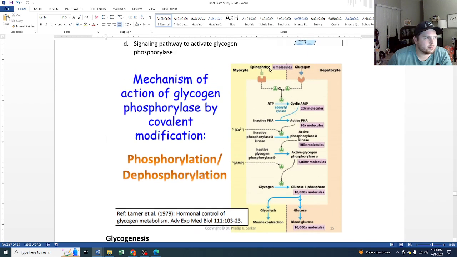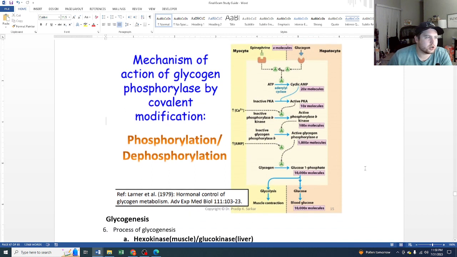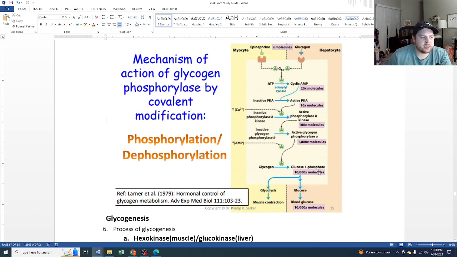But this goes through the chain reaction that occurs to activate it. You can see the cascade effect happening as we go down. We talked about signaling just a little bit ago. That's what that's referring to, how the signaling just exponentially grows.